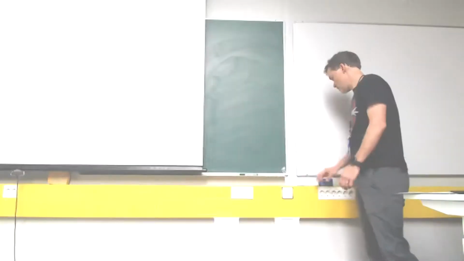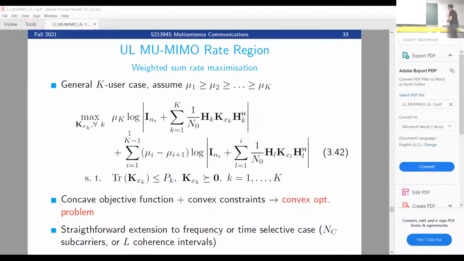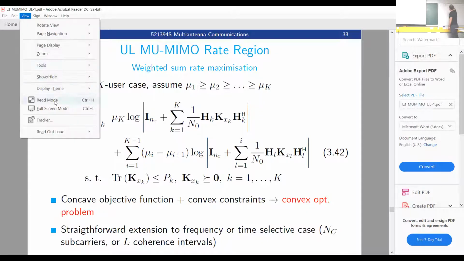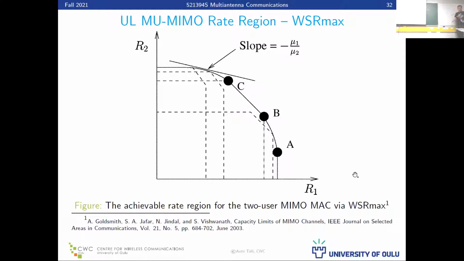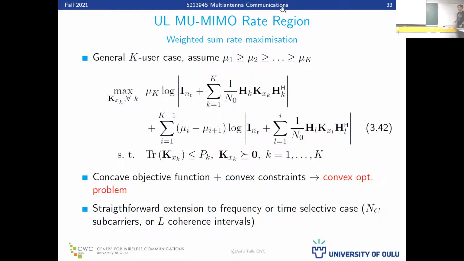Okay, let's consider a case of 3 users, just to verify that this general formula works. So let's assume that we have 3 users and the priority order is mu1, mu2, mu3. So really user 1 is the prioritized user, so it should be decoded last.